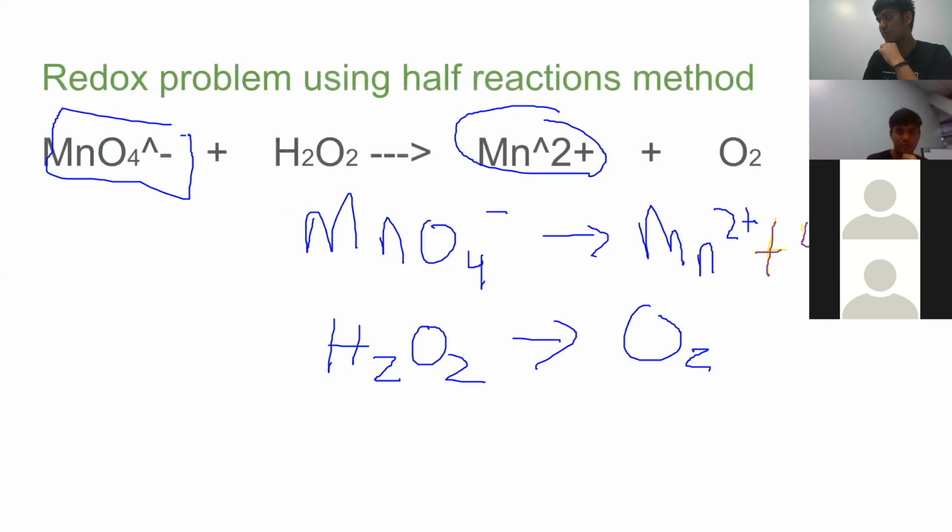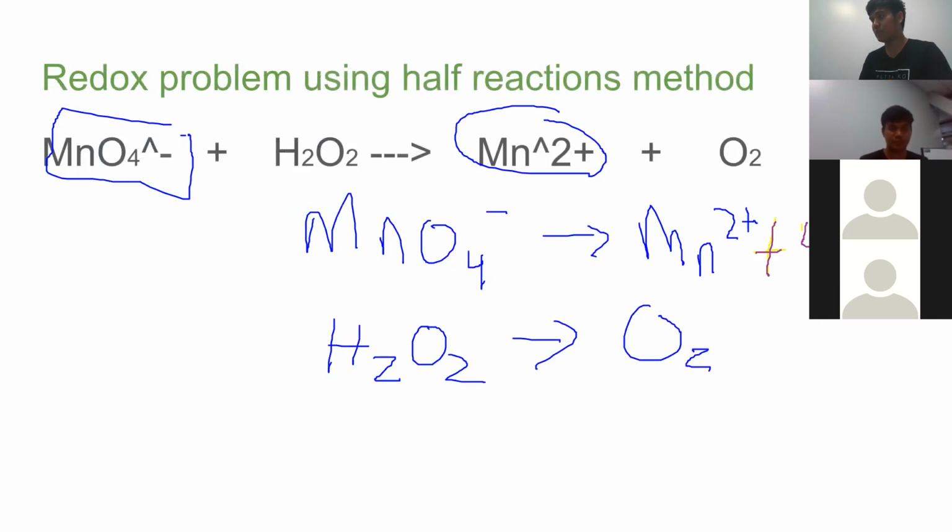In this case, I'm adding 4 water molecules to balance out the oxygens, if y'all can see that. So I note that for every 1 water molecule, I have 1 oxygen. So since I have 4 oxygens in my reactant, I need 4 oxygens over here to balance it out.